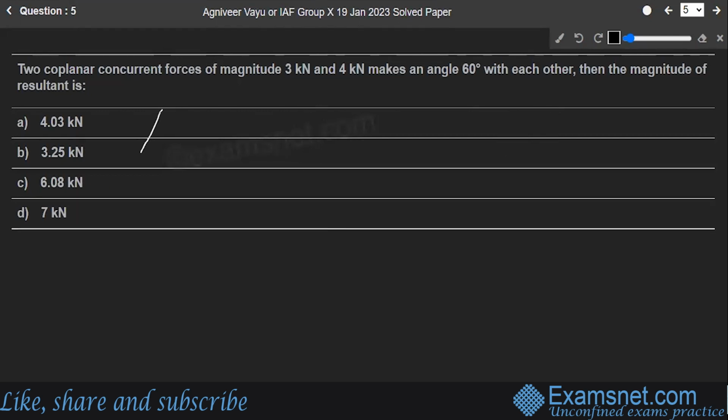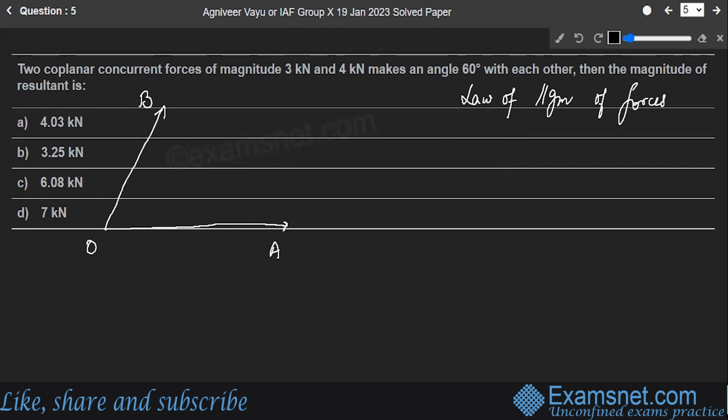If you have two forces acting in these directions, let's say this is O, this is vector OA, and this is vector OB. This law is used to determine the resultant of two coplanar forces which are acting on a point.